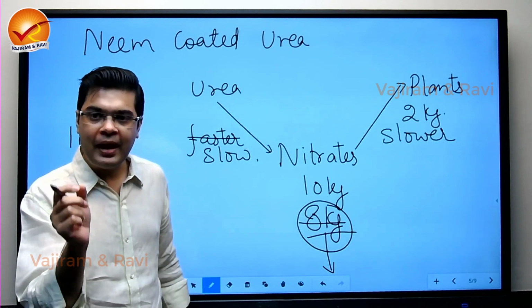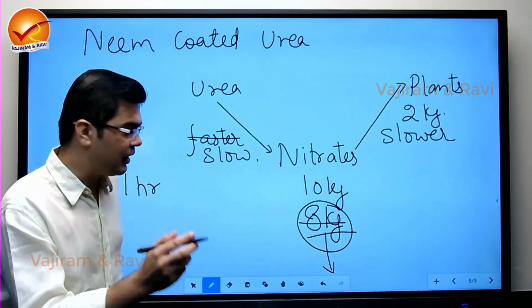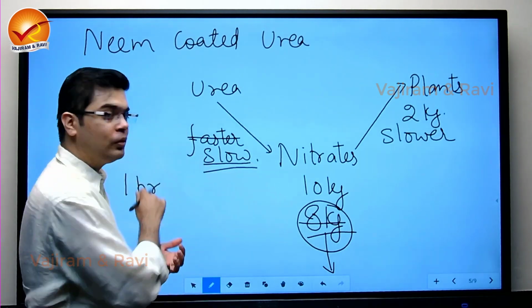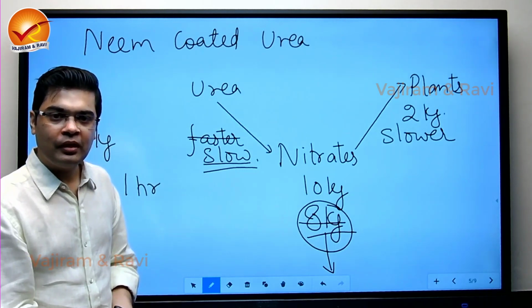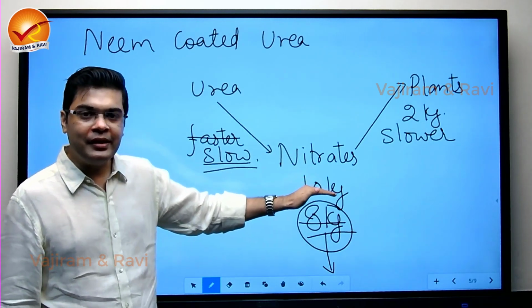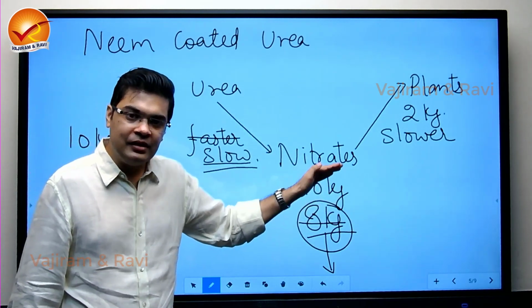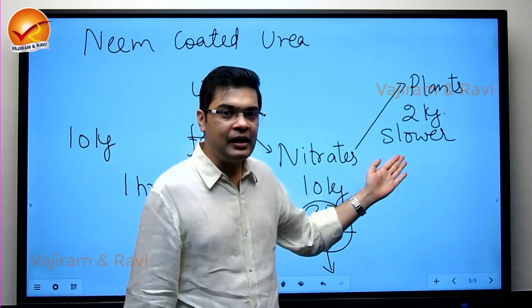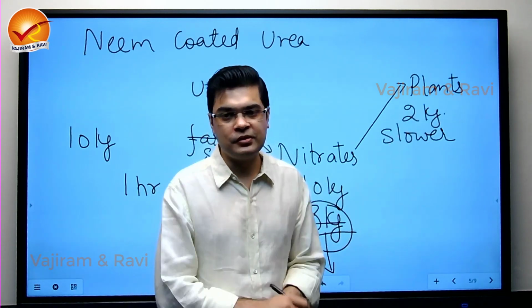So when you add neem oil to urea, this reaction is slowed down. As a result, the urea gets converted to nitrates very slowly, at the rate at which the plants are able to absorb the nitrates.